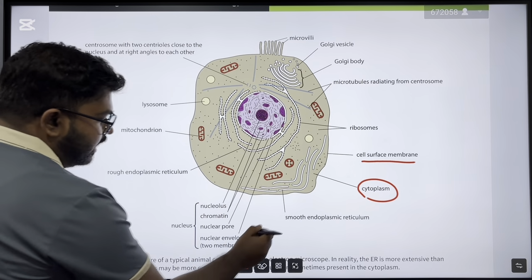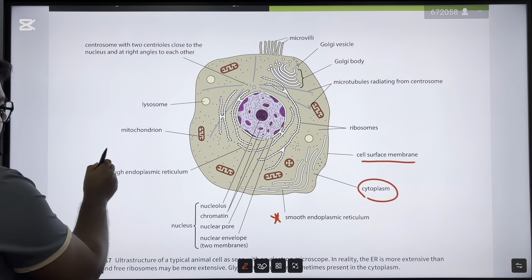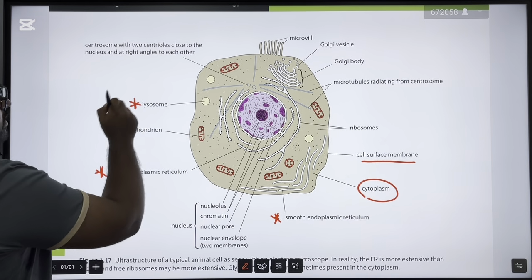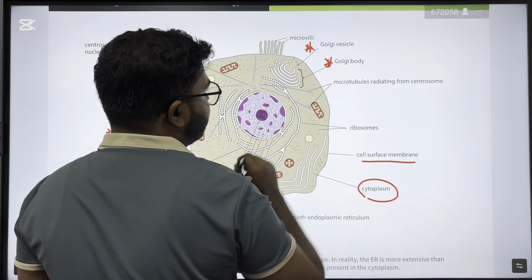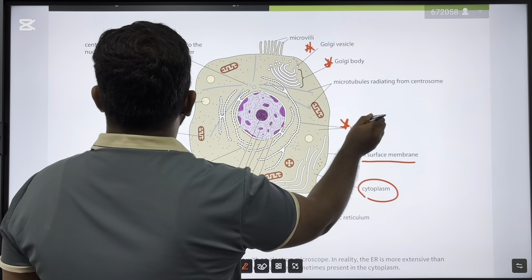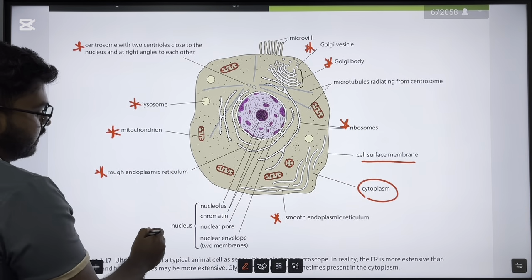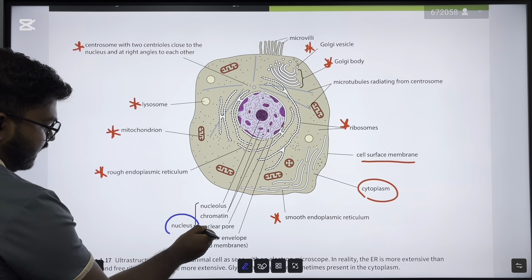There is a smooth endoplasmic reticulum, rough endoplasmic reticulum, mitochondrion, lysosomes, Golgi vesicles, Golgi body, ribosomes, centrosomes, and the main and most important organelle, nucleus.